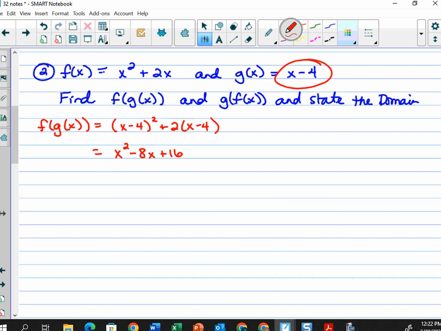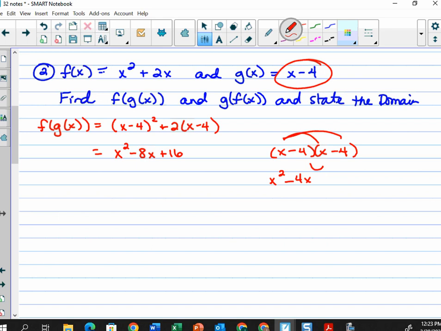Why what? Sorry. Okay, that's right here. That's what squaring means, right? That times itself. So that's x squared.